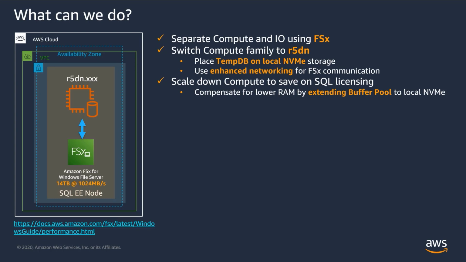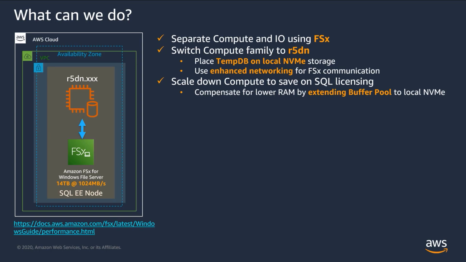To achieve at least 30,000 IOPS from FSx, we configure it with 14 terabytes of storage and 1 terabyte per second throughput. By offloading I/O to Amazon FSx, we now have an option to scale down our compute node.